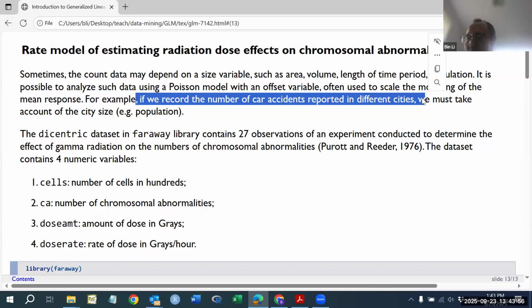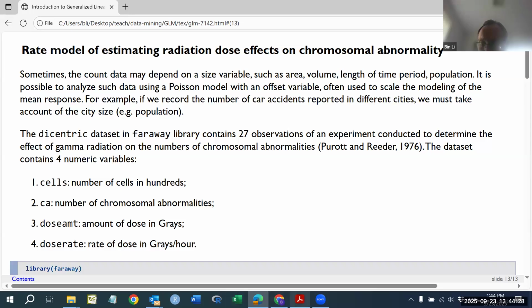So that's the rate. It's better to model the rate, right? Because we know a big city, of course, has a much larger number of car accidents. Like the number of car accidents in New York is much higher than in New Orleans, right? Because the sizes are very different. Okay, so any questions?